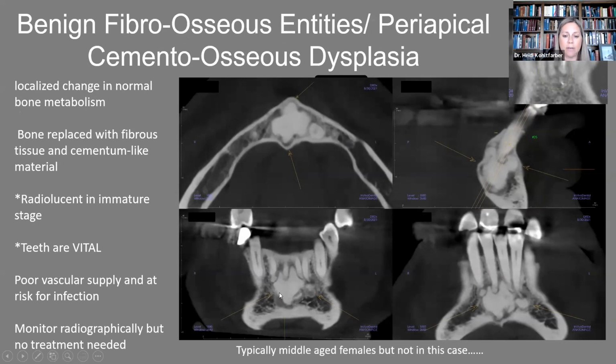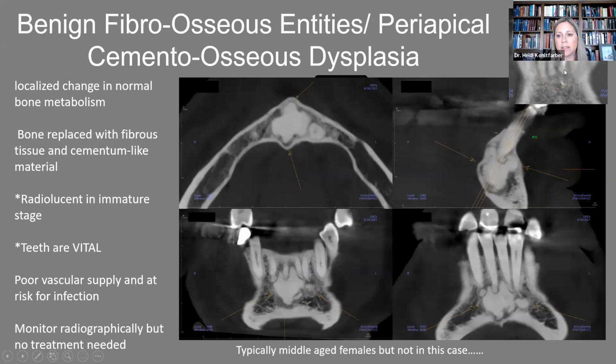Obviously we have a mixed density entity. We can see that it's kind of associated with the apices of the teeth, thinning and expansion of the otherwise intact cortical borders. This is what we want to see to call it a benign fibro-osseous entity. Or it might have a ground glass appearance to it.